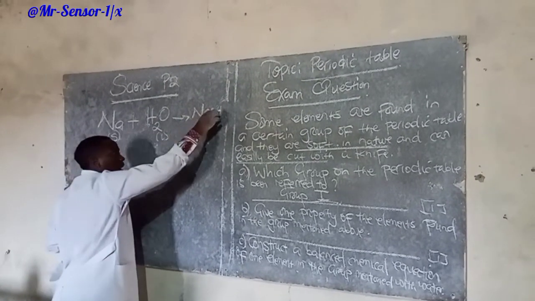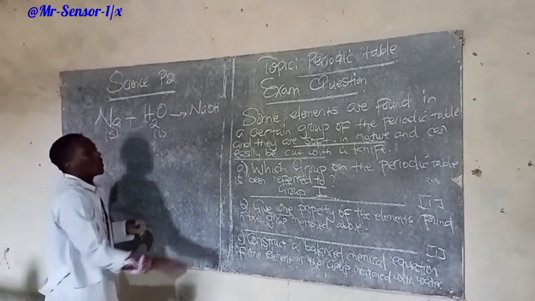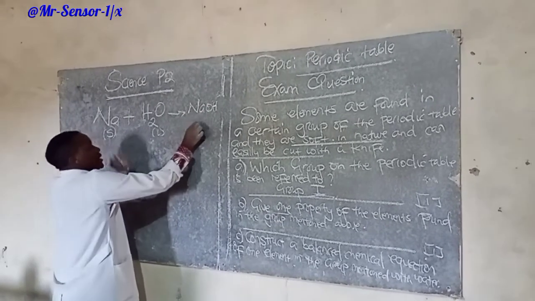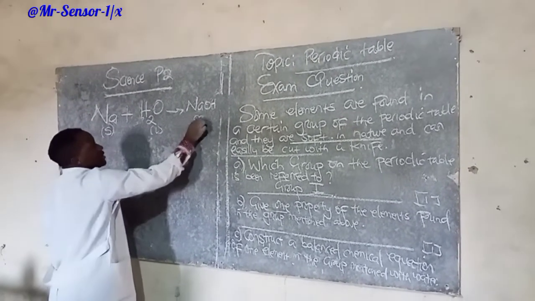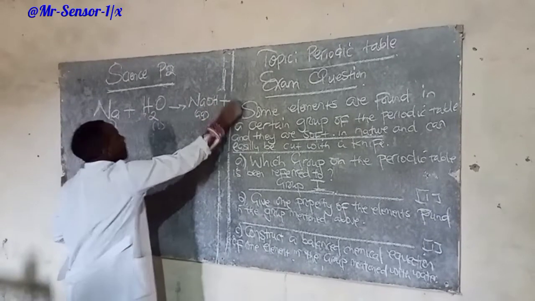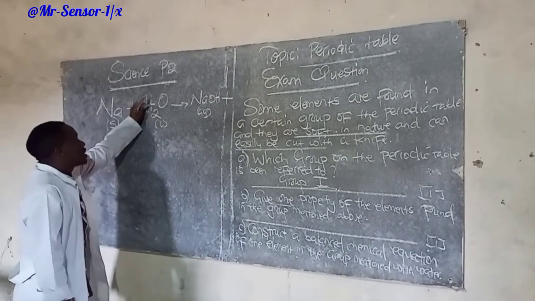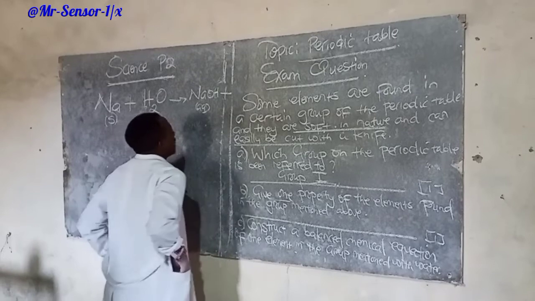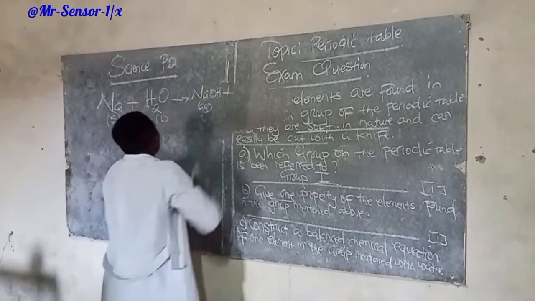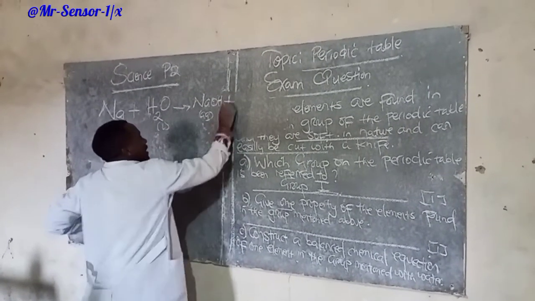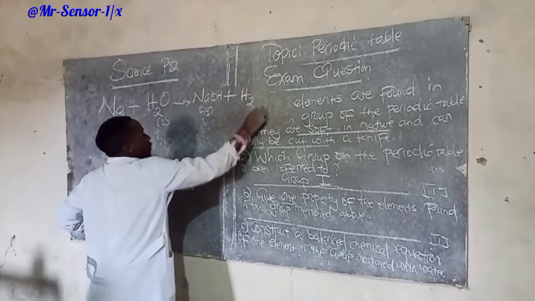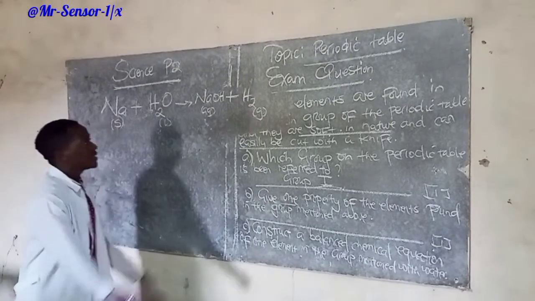OH is the one I'm referring to as hydroxide. This is aqueous, then plus the hydrogen which was here, which is now produced as a gas, H2, in the gaseous state.